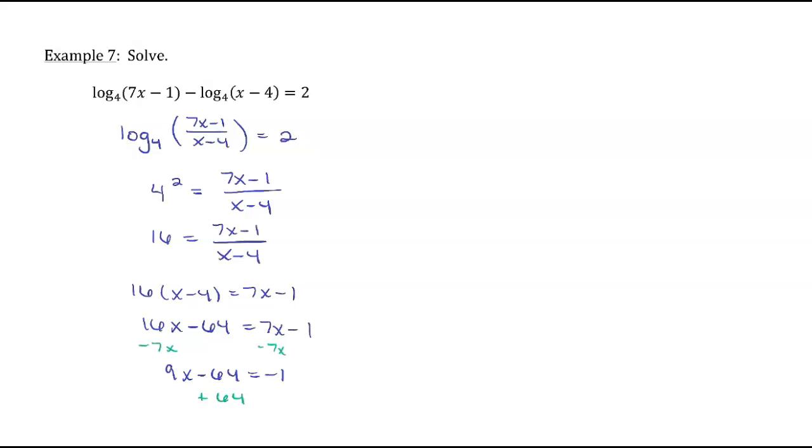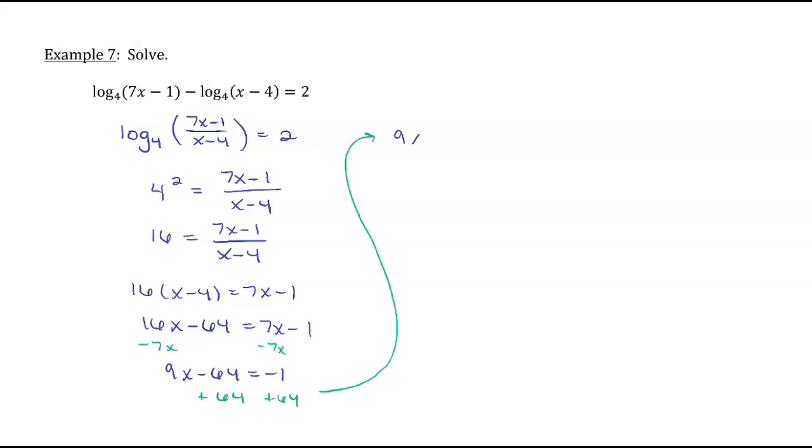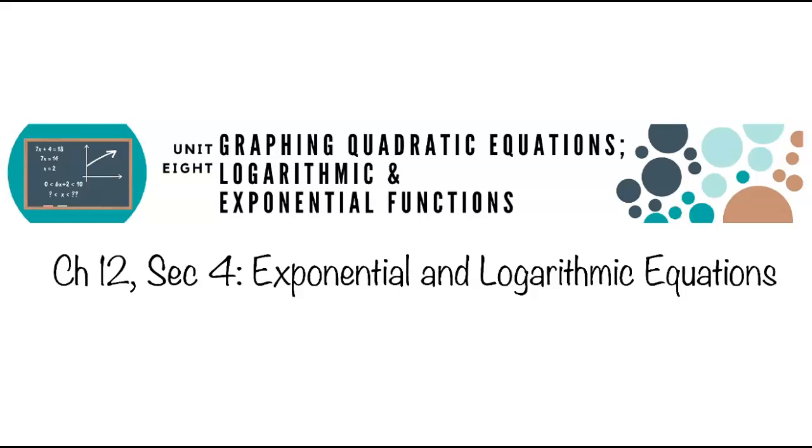Adding 64 to both sides of the equation gives us 9x equals 63. And dividing both sides by 9, we find that x is equal to 7. I'll leave the details to you of double checking the solution x equals 7. That concludes this lecture video on how to solve exponential and logarithmic equations.